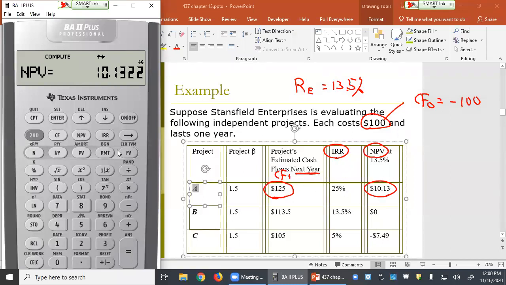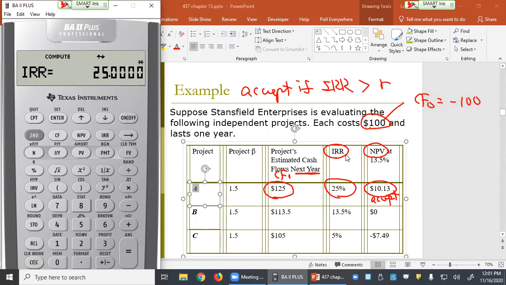Now to calculate the IRR, we have already entered all of the relevant cash flows, so we don't need to re-enter them. We simply press IRR, then press compute. So our internal rate of return for project A is 25%. Using the net present value rule, since NPV is positive, we will accept project A. Now using the IRR rule, how do we make the decision? We accept if IRR is greater than our required return.